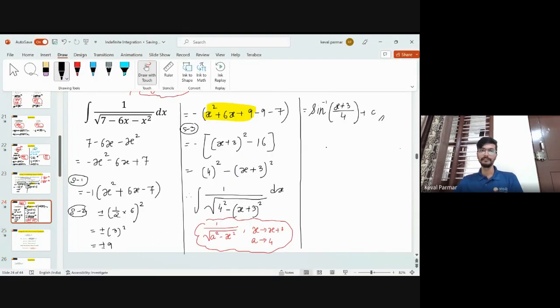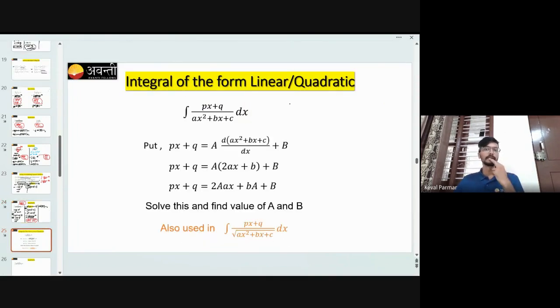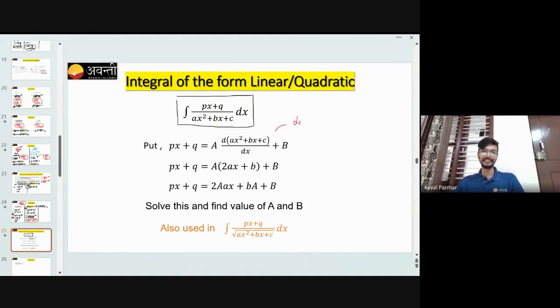Now that 1 upon quadratic is done, what if we get linear upon quadratic? That means it is of this form. We do the same steps, like we put px plus q. I will write linear equals a into derivative of quadratic plus b.